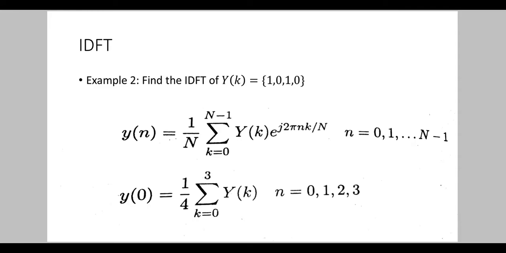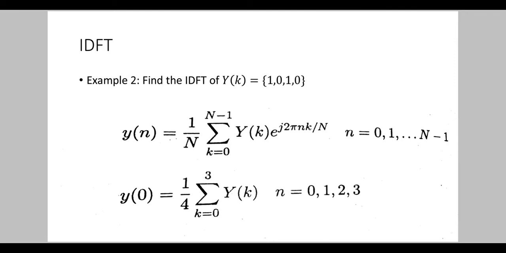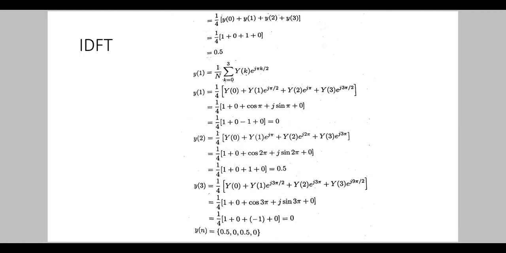Now expanding the summation, we will get 1 by 4 times y of 0 plus y of 1 plus y of 2 plus y of 3.